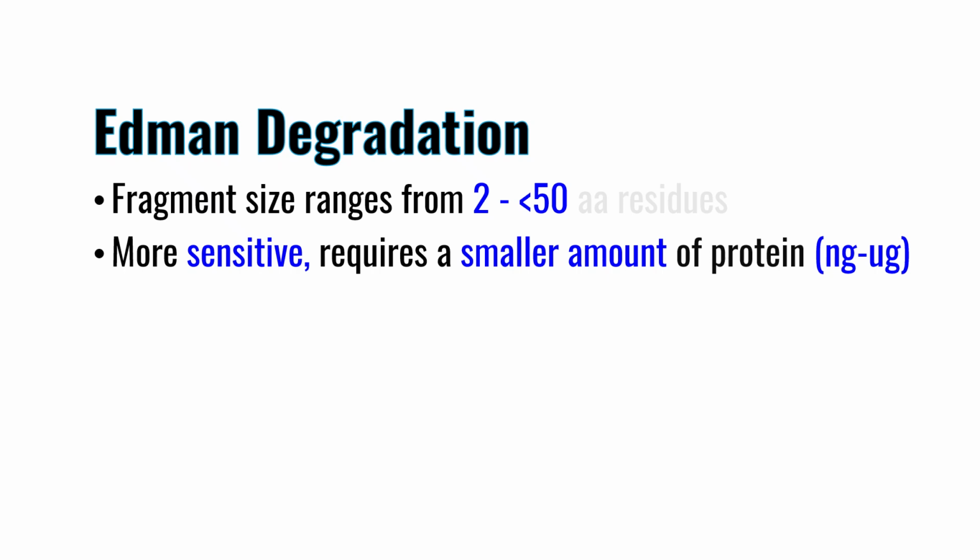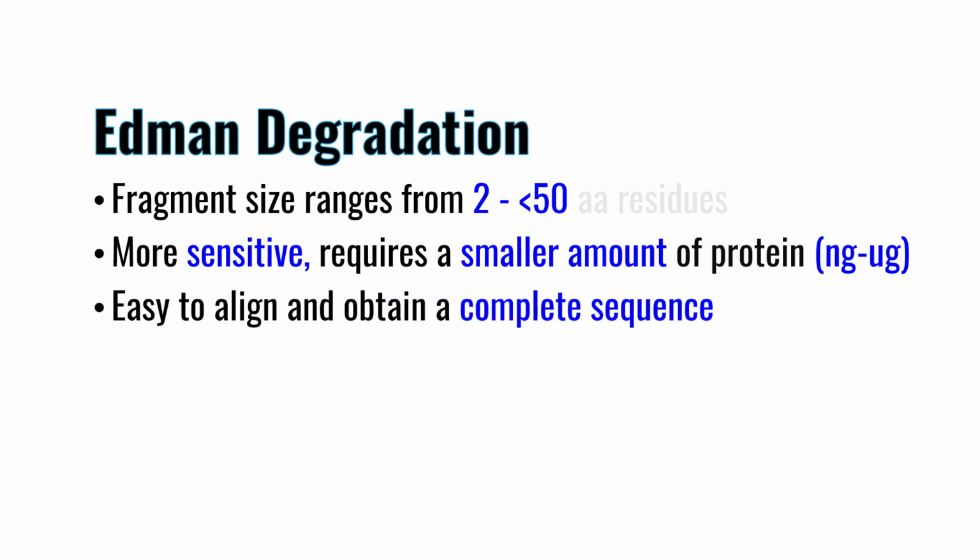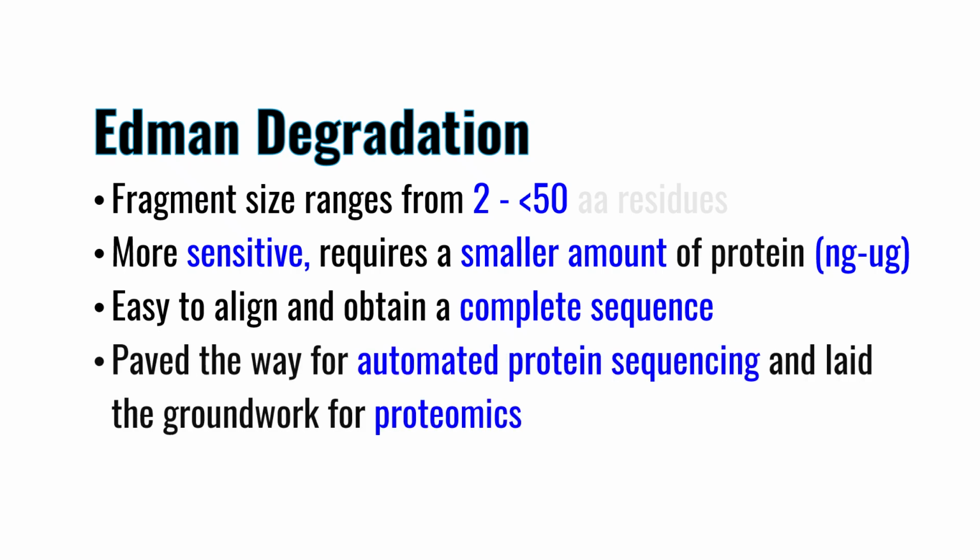This is the most sensitive as it requires a small amount of protein in the range of nanogram to microgram quantity, and also it is easy to align and obtain the complete sequence of your target protein. This innovation of Edman has paved the way for automated protein sequencing and laid the groundwork for proteomics.